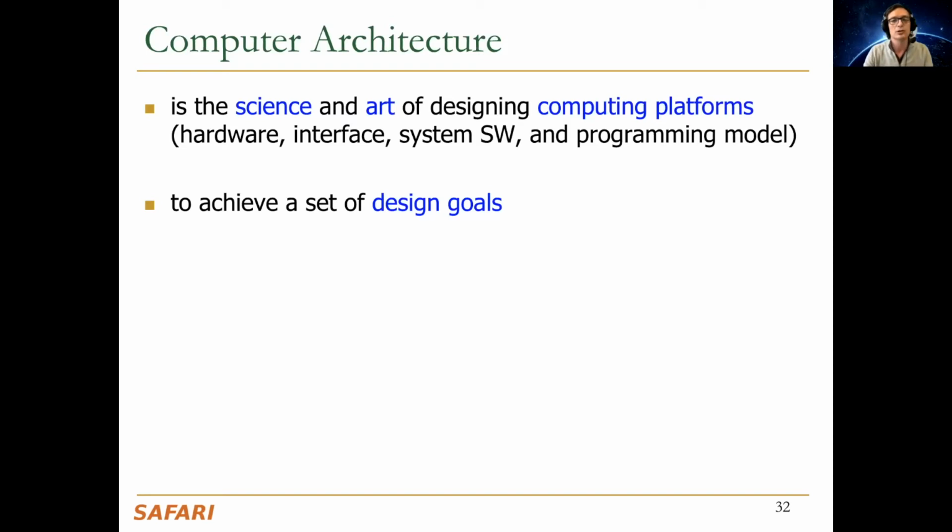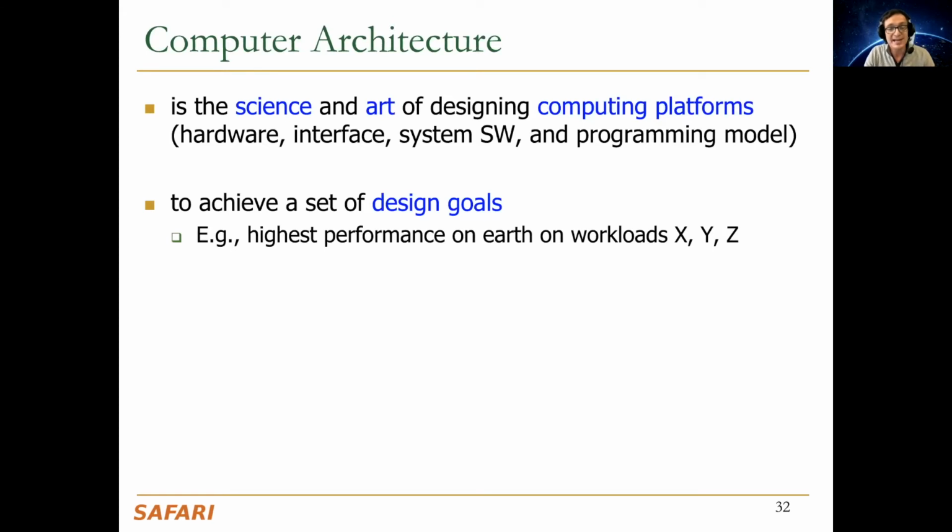And of course, the goal of designing this computing platform could be multiple. And these are called design goals. Basically, we design these systems to achieve a set of design goals. And design goals depend on what kind of system you're designing. For example, one design goal could be, I would like to achieve the highest performance on Earth on workloads X, Y, Z. So this could be the very high performance computing systems, right? Supercomputers, for example.